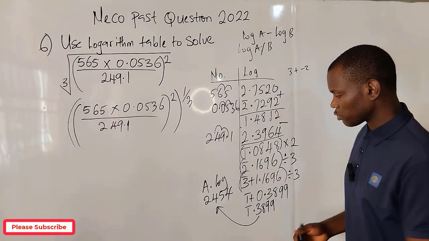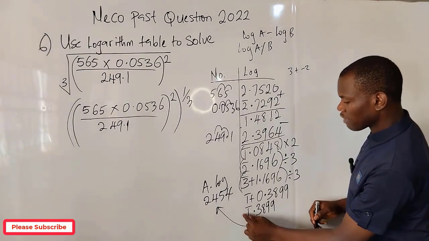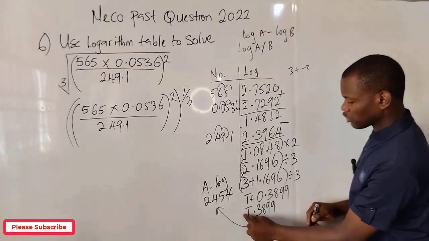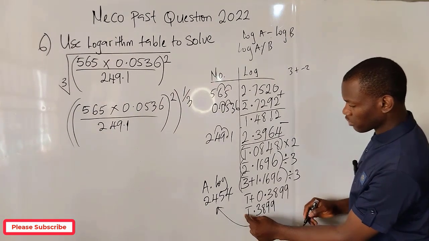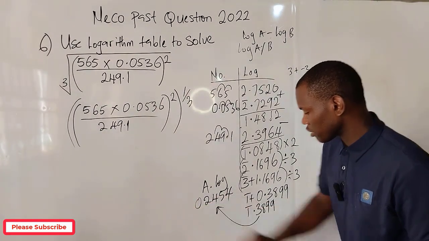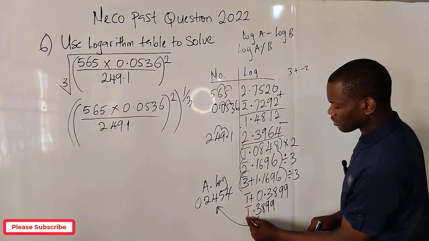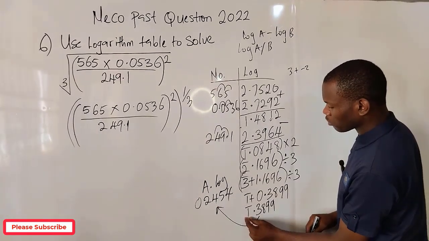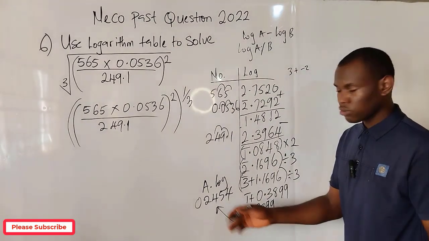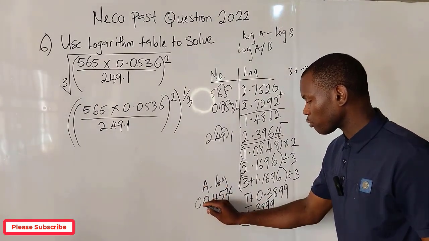You already know how to read it from the logarithm table. Anytime you have a negative number as your characteristic here, add that number of zeros here. If I have bar 2, I'll add 2 zeros. If I have bar 3, I'll add 3 zeros. So since I have bar 1, I'll add 1 zero in the front and put a point.